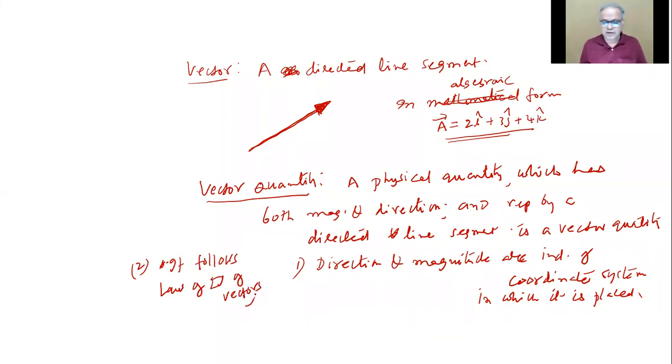So this will be a complete definition of what a vector quantity means. To tell you, it doesn't depend on the coordinate system. I'll give you a simple example, but finish it off. I'll go to the next slide and talk about it.